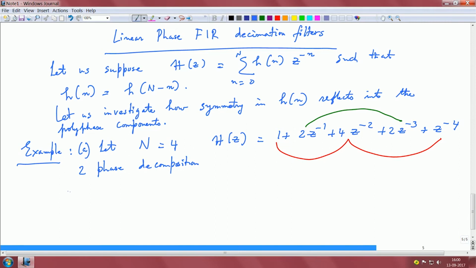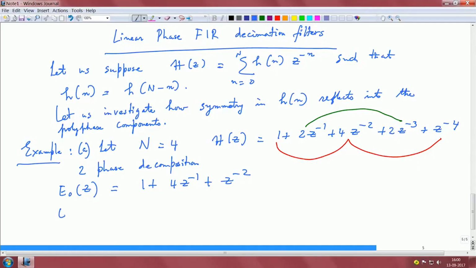Now I have E naught of z is 1 plus 4 z power minus 1 plus z power minus 2. Recall 1 plus 4 z power minus 2 plus z power minus 4 is E naught of z square. If you want to get the reduced order, you just look at E naught of z, which is going to be this, and similarly you have E1 of z, which is 2 plus 2 z power minus 1.